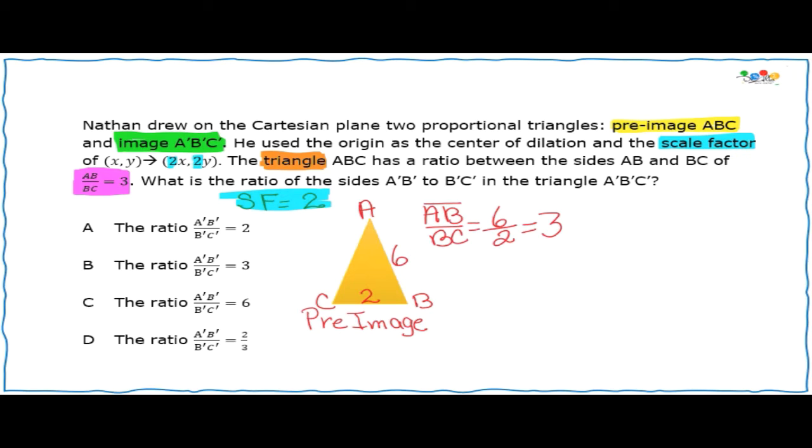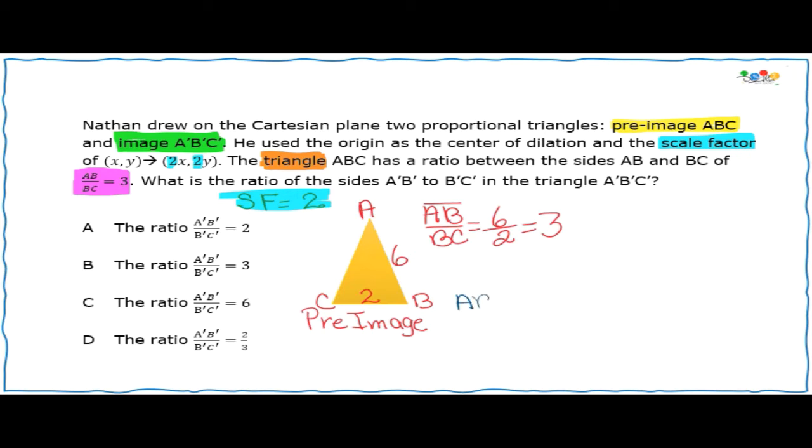Is that right? Okay, so what about the next triangle? Since the scale factor is 2, what does that mean about the next triangle? Is it going to get bigger or smaller? It actually got bigger, right? So to find my new triangle, I need to multiply 6 times 2, because that's AB.